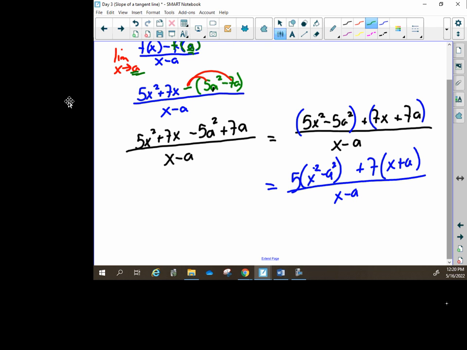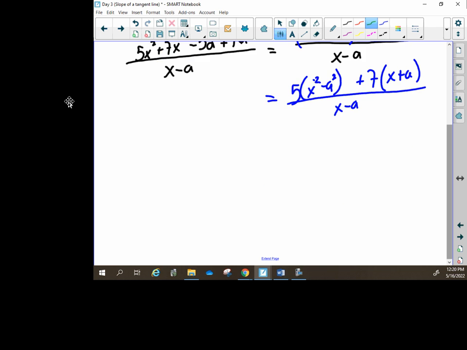So if I come up here and I see a difference of squares right here, this turns into 5 times x minus a times x plus a plus 7 times x plus a.